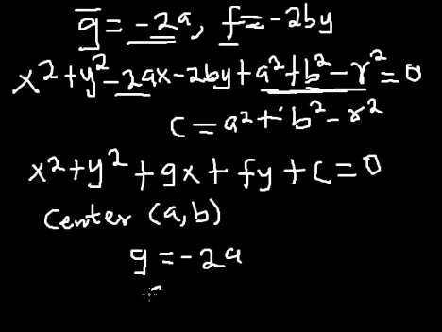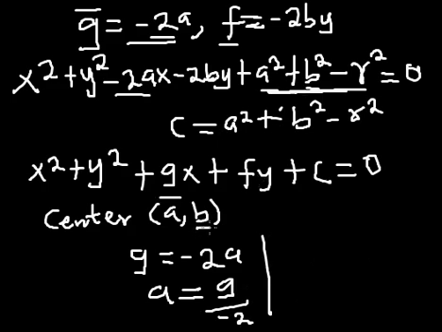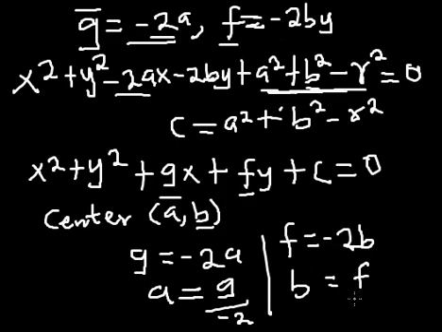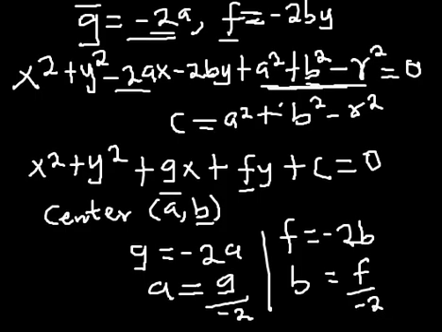To get a, all I need to do is take the value of g, the coefficient here, divided by minus 2. The same thing goes if I want to get my b: don't forget that f is equal to minus 2b, and f is the coefficient of y. So b becomes f divided by minus 2, as simple as that.